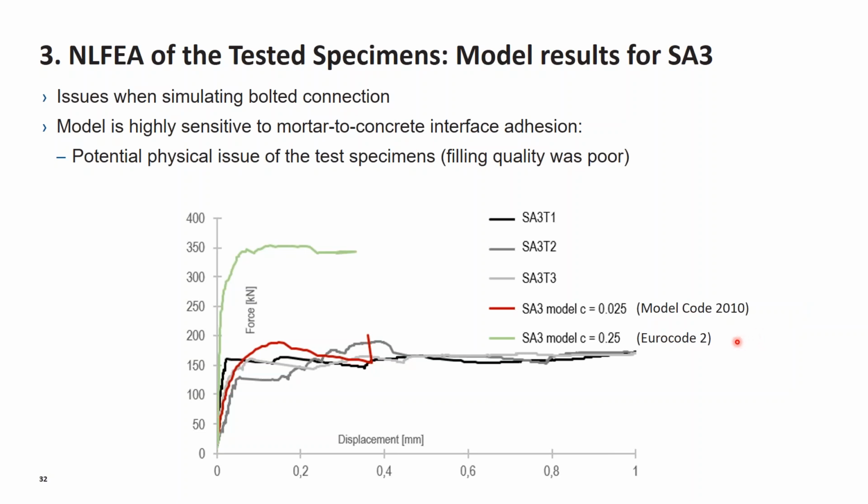The definition of this interface was taken based on Eurocode 2 factor, and we can see that model code provides a very different factor for this mortar to concrete adhesion, which is 10 times lower. And it seems that using this factor, we have a much better match between the experimental results and the model results.